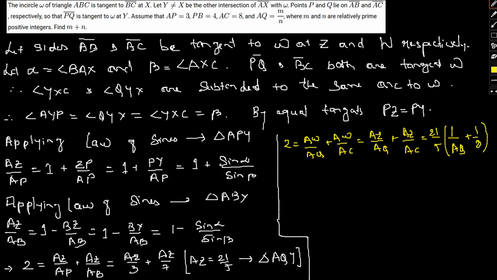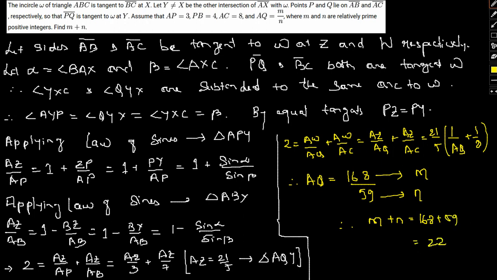Therefore from this we can conclude AQ equal to 168 by 59, where 168 is M, 59 is N, so M plus N will be given by 168 plus 59. It is 227, our final answer.